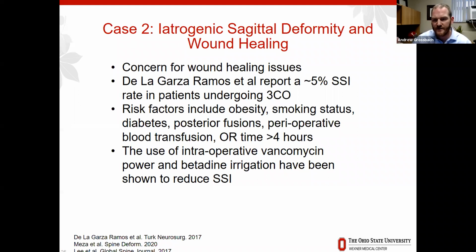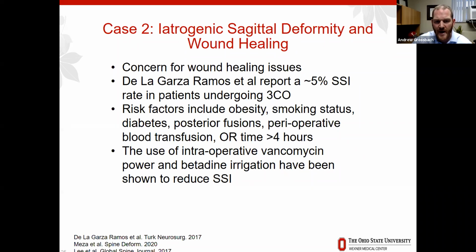Risk factors in her are obesity, smoking status, diabetes, posterior fusions in general, and definitely going through the same incision multiple times. Perioperative blood transfusions, and with a 3-column osteotomy, they're likely going to have OR time greater than 4 hours. These are all risk factors for problems with wound healing and surgical site infections.